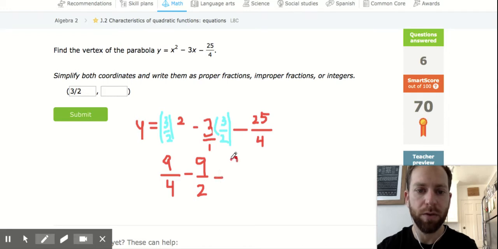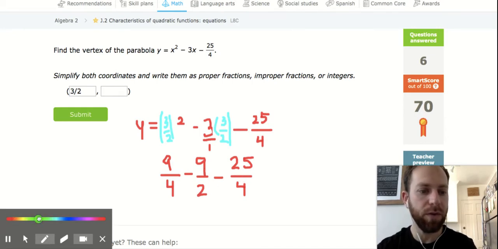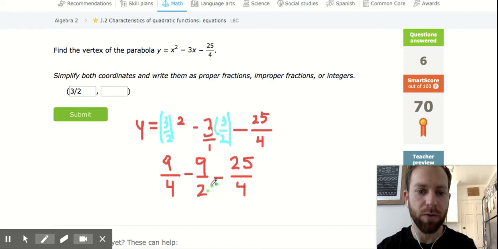minus 25 fourths. Now you can't subtract fractions unless they all have the same denominator. You also can't add them unless they have the same denominator. These two are the same, but how can we make this 2 into a 4? Well, what we have to do is we have to multiply this times 2 if we want to make it 4. But whatever we do to the bottom, we have to do to the top, because when we multiply the bottom by 2 and the top times 2, we're multiplying the whole thing by 2 over 2, which is equal to just 1.